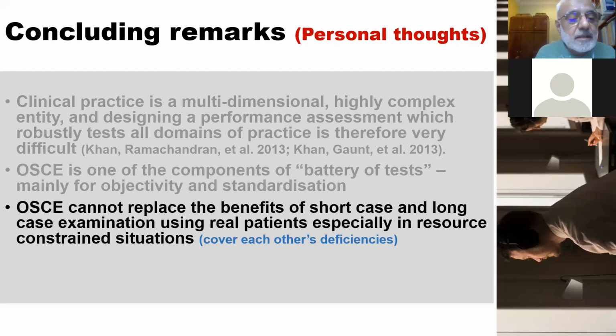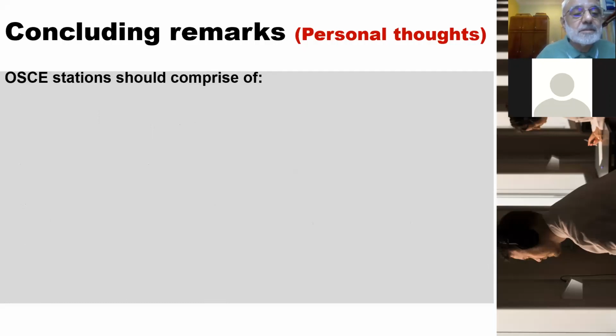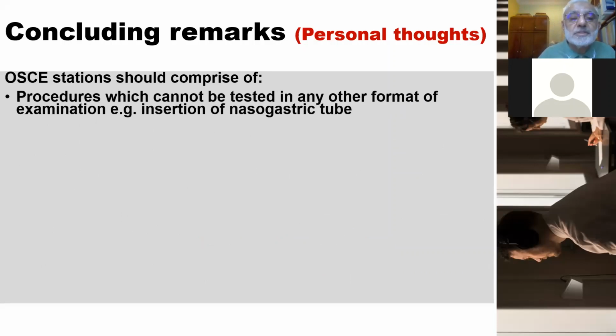As I said earlier, the OSCE cannot replace the benefit of long case and short case, but combining the two can cover each other's deficiencies. And by using multiple examiners, rubrics, and marking schemes, the long and short case examinations can be made relatively objective tests. OSCE stations should comprise procedures which cannot be tested in any other format.